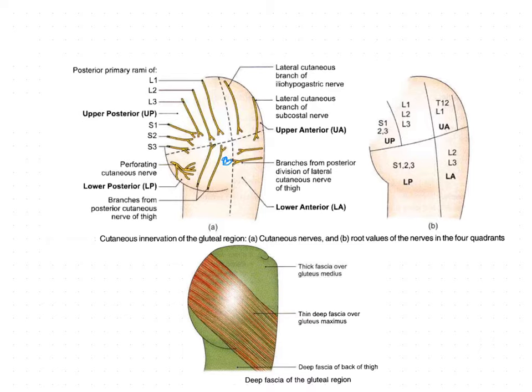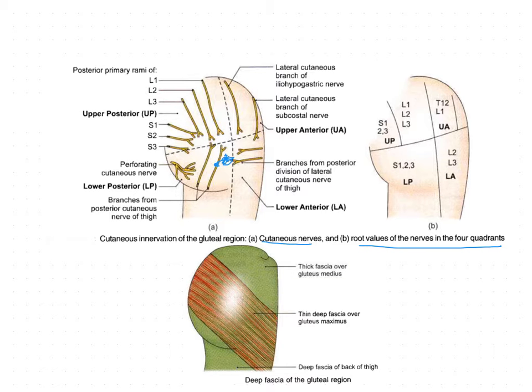Normally we can find the ischial tuberosity at this level, where it forms an efficient cushion for supporting the body weight in sitting posture, and it also contains cutaneous nerves, vessels and lymphatics. Here we can see the cutaneous nerves and also the root values of these nerves.